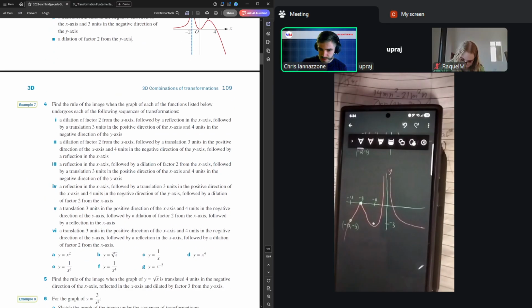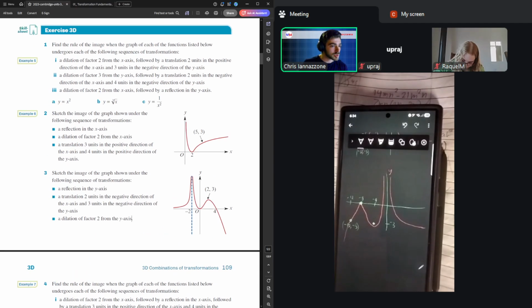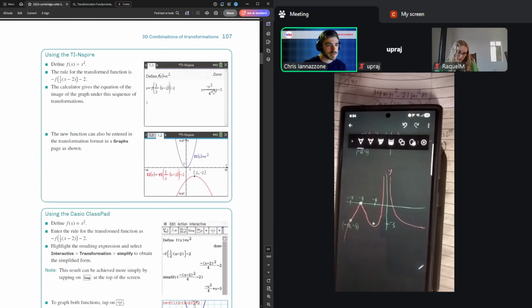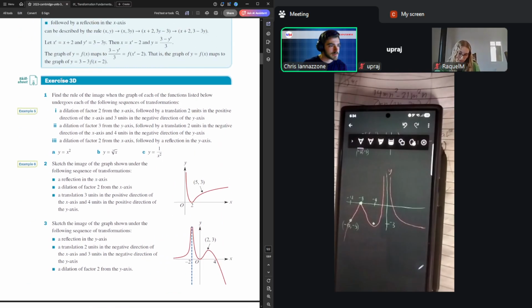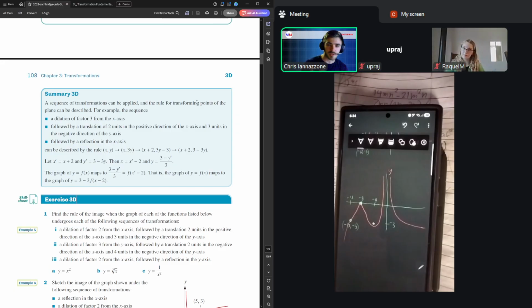To recap, it seems like for the most part you guys are pretty strong with getting your x dash, y dash stuff. You know how to start with x, y and get all the way to your final x dash, y dash. Where things were getting a bit rocky was when you sub it back into the function. So based on that, staying with 3D seems fine, because anything from earlier is just going to be simpler versions of the x, y dash stuff that you already know how to do.